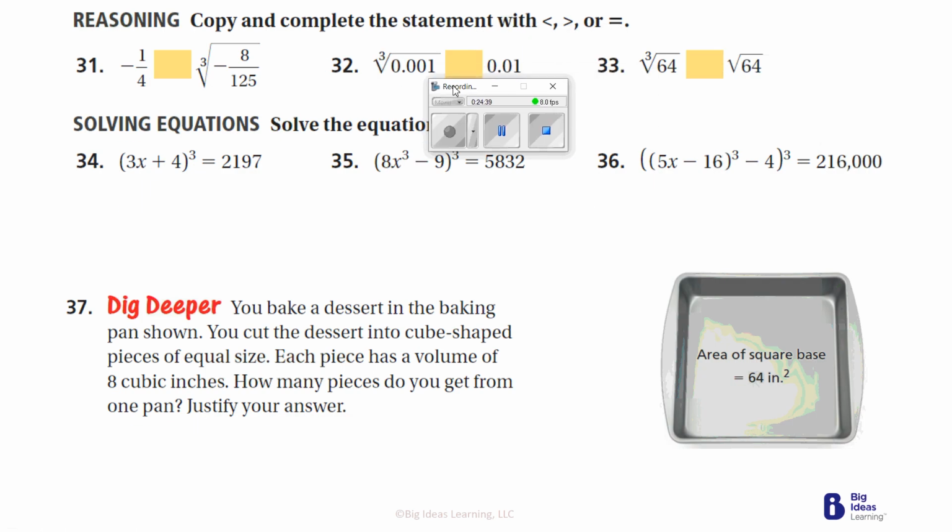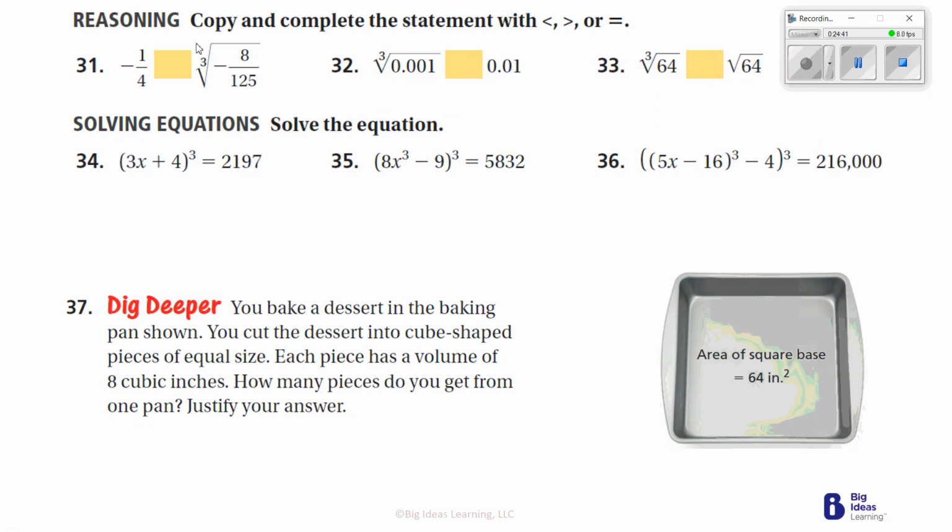31 is over here, and it says which is bigger. If I'm comparing these, I definitely see that when I find the cube root of this side, this is going to give me 2, because 2 times 2 times 2 is 8. This number definitely will be negative. And then 5, because 5 times 5 times 5 is 125.